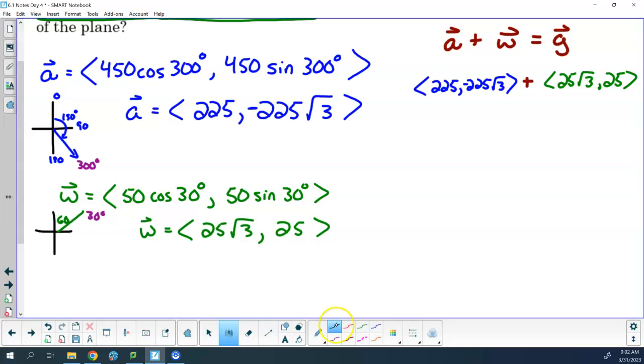So this is going to be the vector 225 plus 25 square roots of 3, comma, negative 225 square roots of 3 plus 25. We've kept it exact as long as we possibly could. Now it's time to get it out of being exact. So calculate those values for me, please.